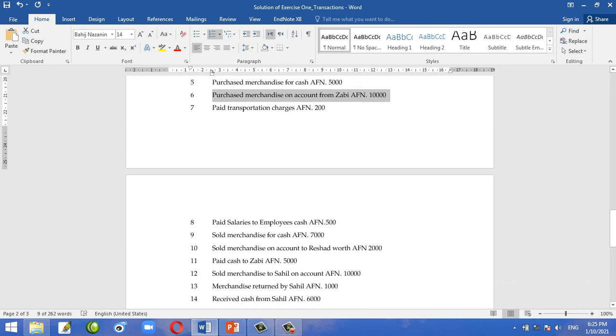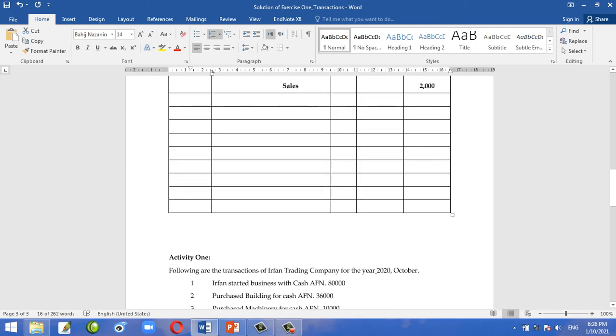And here on 11th of October we have paid money to the B worth 5,000 Afghanis. We received merchandise from the B, but we did not pay the money at that time. Right now we are responsible to pay the money.